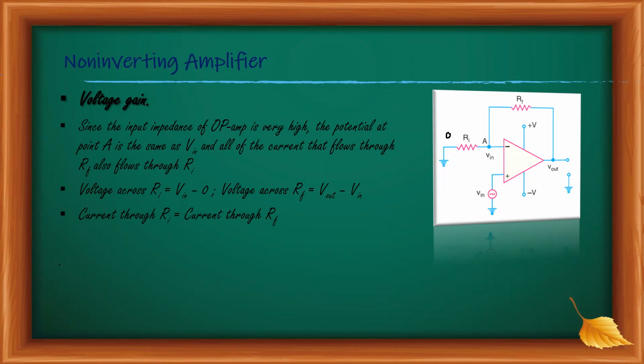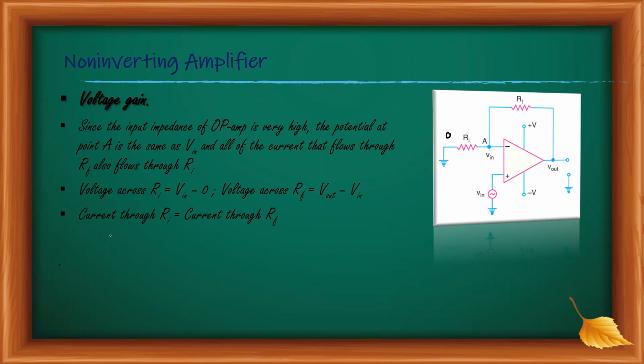We know that the voltage across Ri is V in. To obtain the current, we must divide the voltage by the resistance.